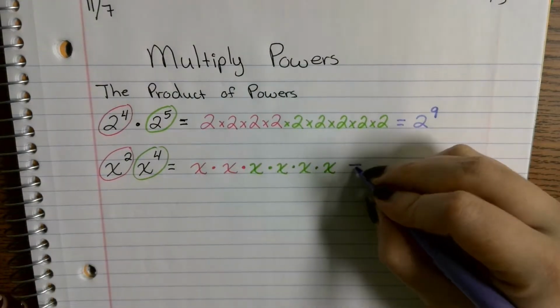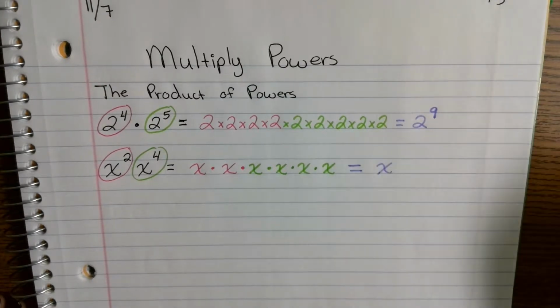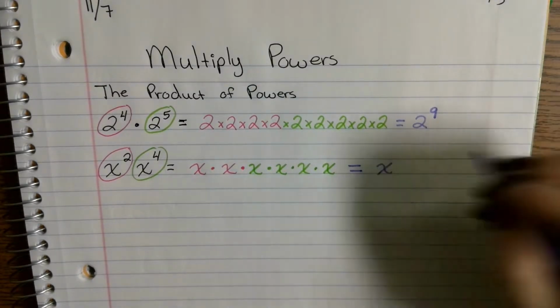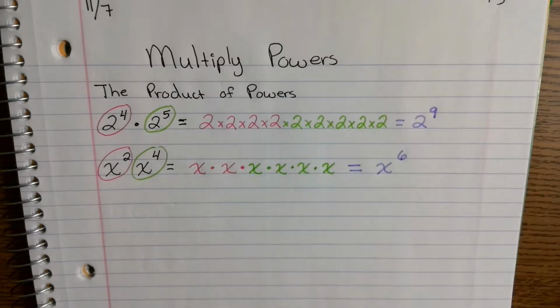If I were to simplify it all with just a single base of x, it would be x to what power? The 6th. So raise your hand if you're seeing a pattern here.